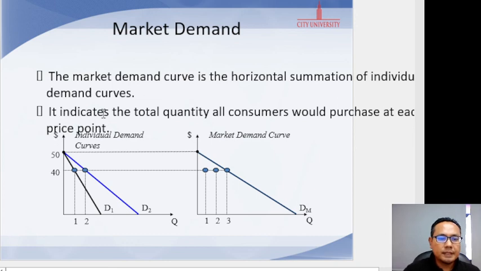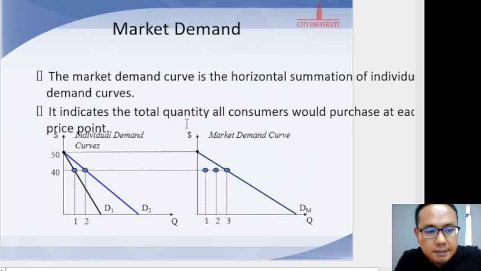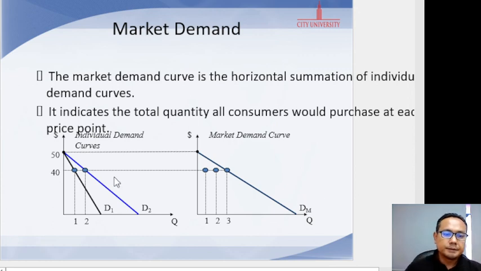So it indicates the total quantity all consumers would purchase at each price point. You can see it is totaled up from individual demand curves to the market demand curve. You can see the slopes are a bit different.